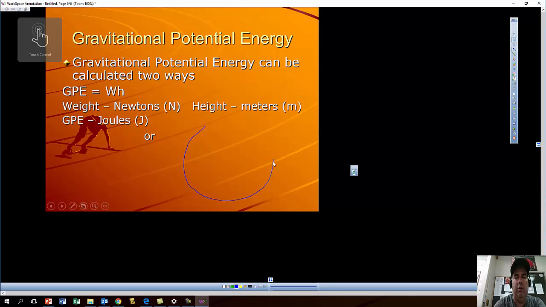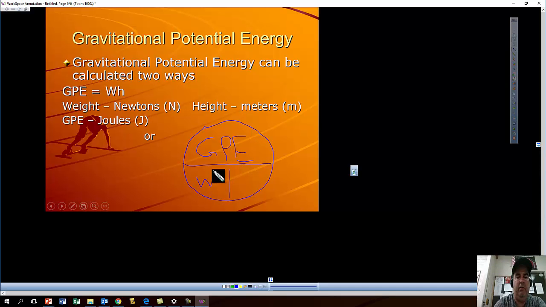So if you want this circle equation, you're going to have the gravitational potential energy here, the weight down here, and the height there. Weight is measured in newtons, height in meters, and gravitational potential energy in joules.